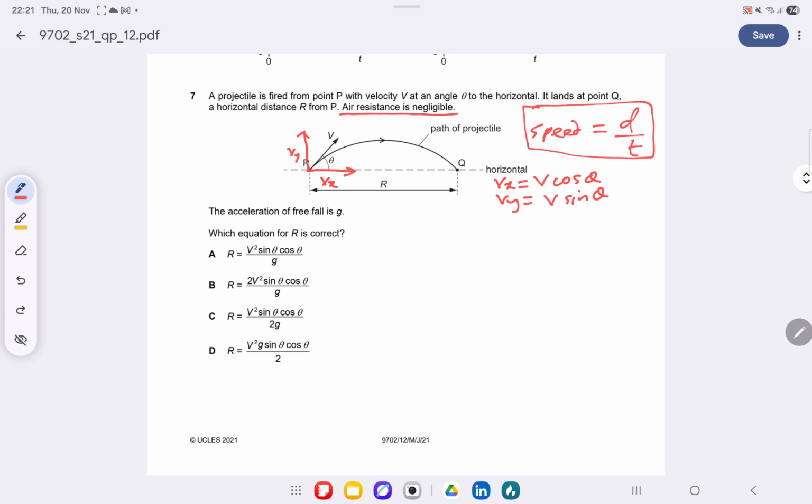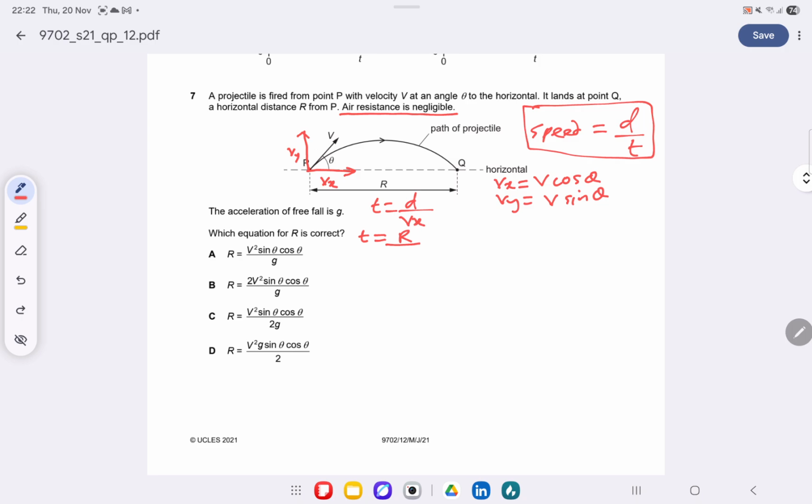So we can therefore say that our time is equal to our displacement, which is R, over the speed in the horizontal direction, which is Vx.